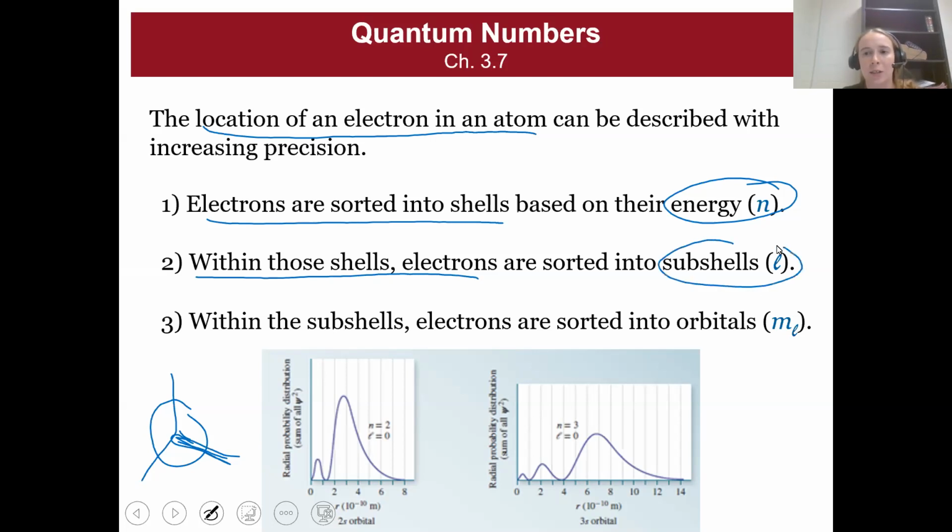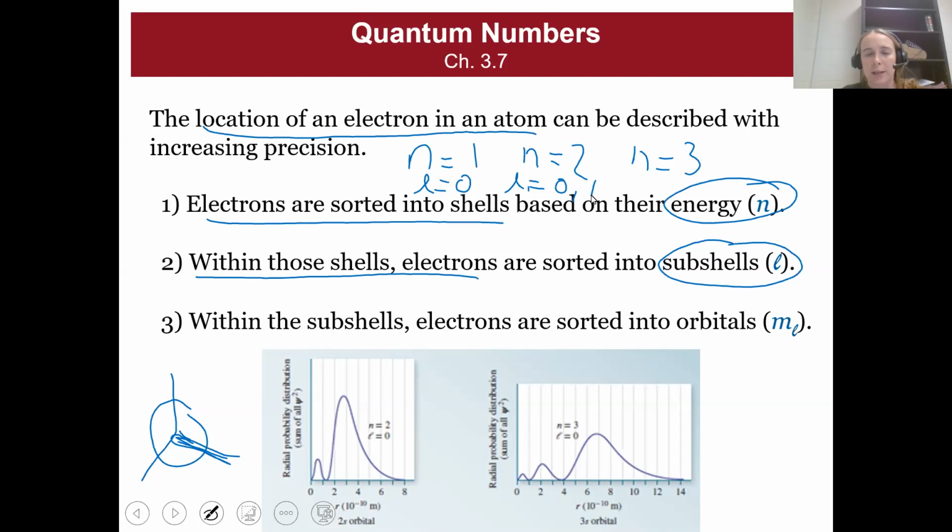So that is our L. So there's like an n equals 1 shell, an n equals 2 shell, an n equals 3 shell. And then within those, we have our L equals 0, or for n equals 2, we have L equals 0 or 1. So there are options.